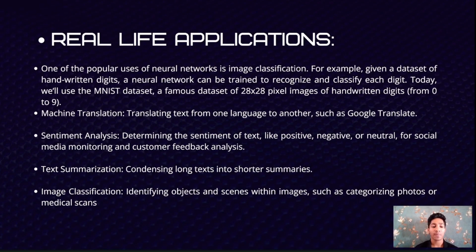Then we have text summarization. In this application, a long text is condensed into shorter summaries. The final application is object recognition. In this, an object is identified and seen in images, such as categorizing photos or medical scans.